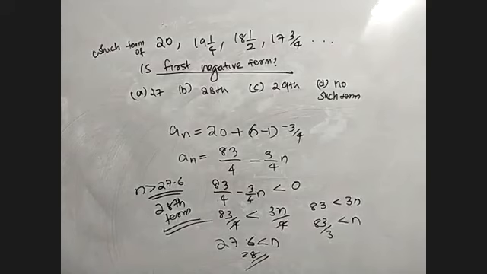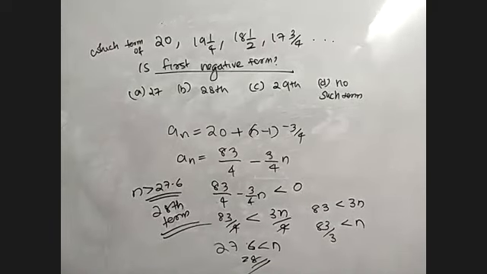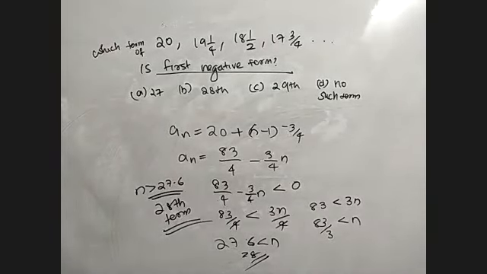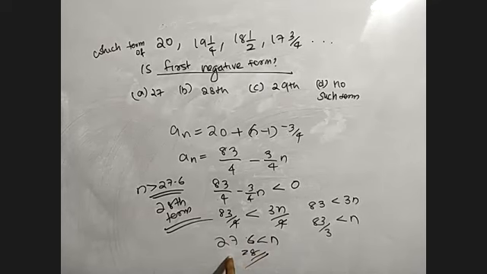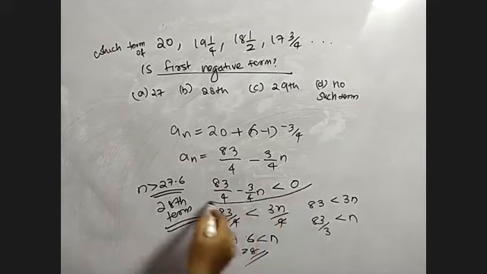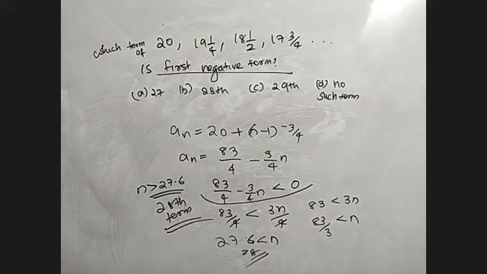Option B. Just to understand, if n is greater than 27.6, we are getting a negative value because we have assumed from here it's a negative value. Okay, so our answer is the 28th term.